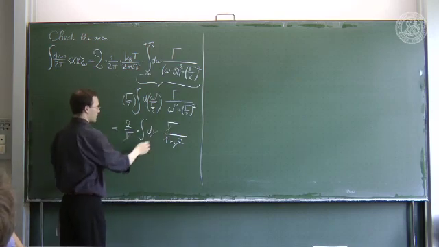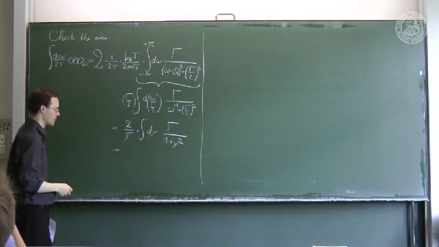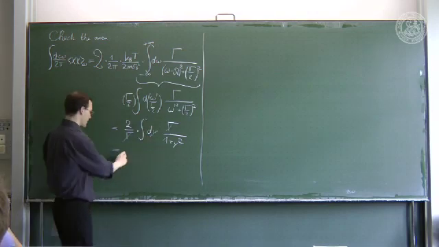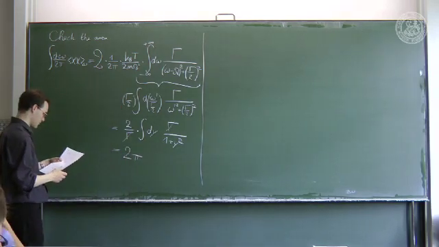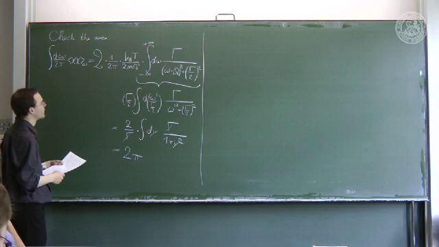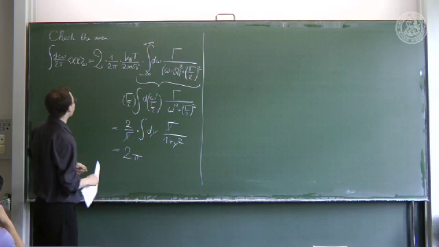So the gamma cancels, and this integral over all y, 1 over 1 plus y squared is simply pi. So all of this integral just simply gives me 2 pi.